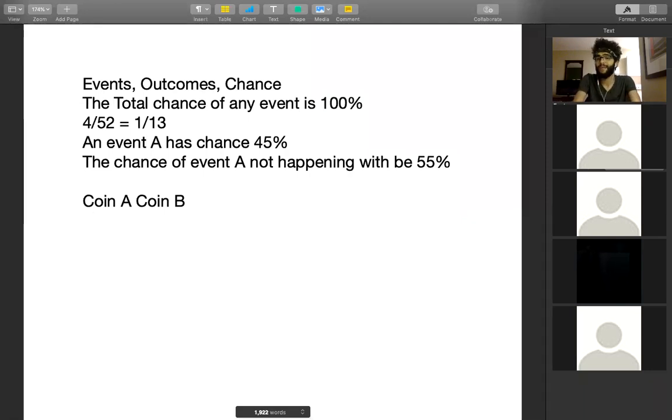Coin A can either be a head or a tail, and coin B can also be a head or a tail. So we could have coin A head and coin B head, or coin A head and coin B tail, or coin A tail and coin B head, or coin A tail and coin B tail.